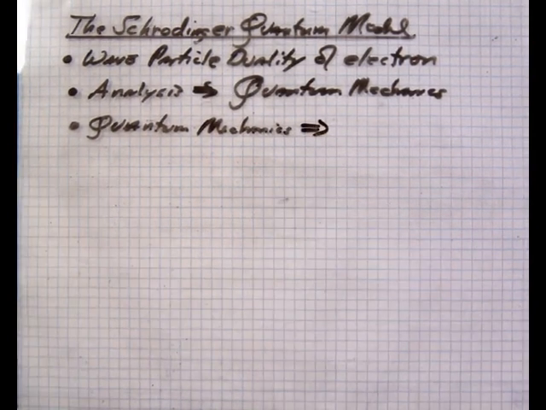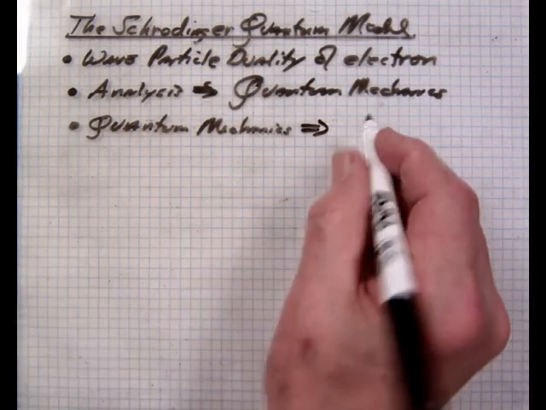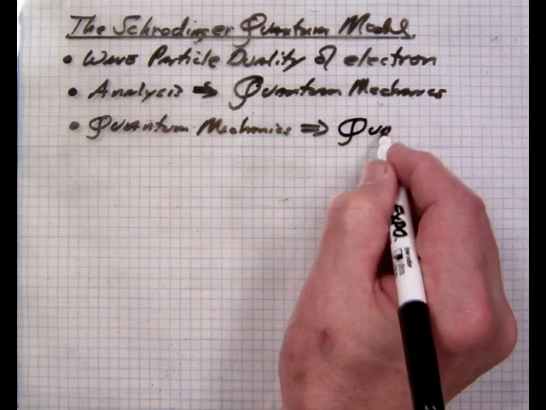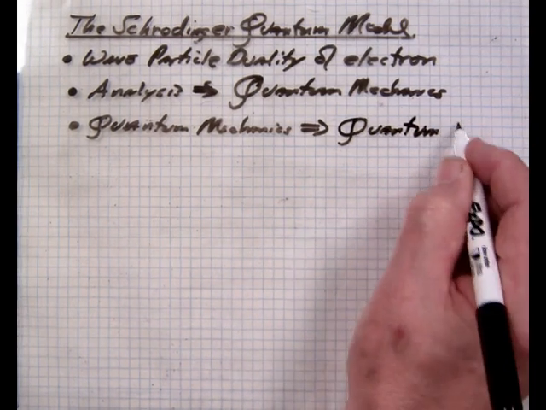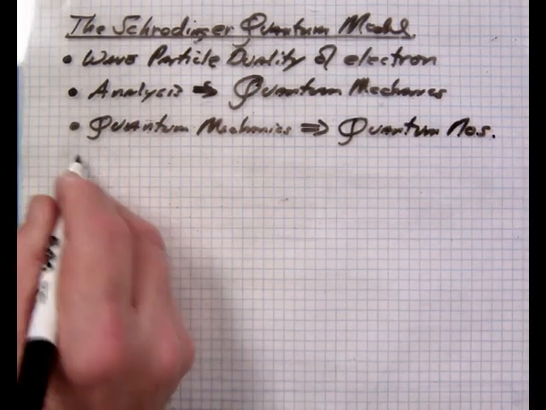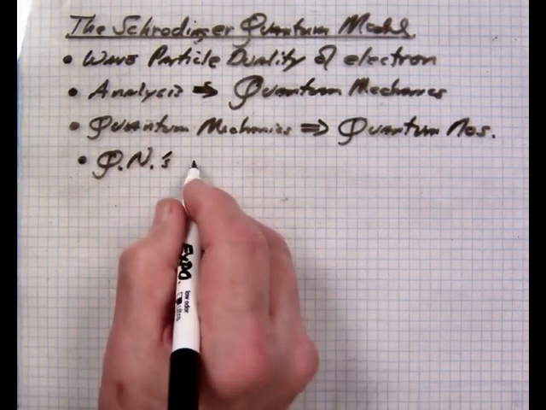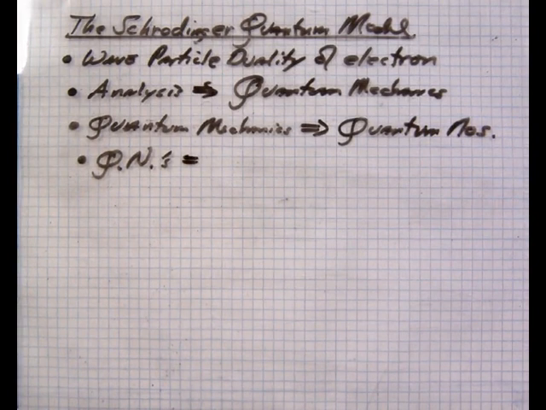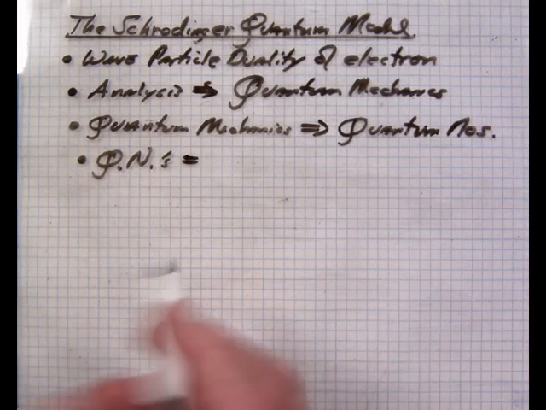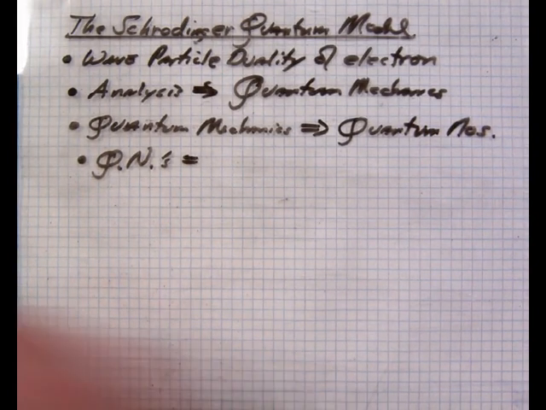The mathematical methods for applying quantum mechanics to the atom give quantum numbers. And quantum numbers, Qn, define the behavior of an electron in terms of 4 quantum numbers.